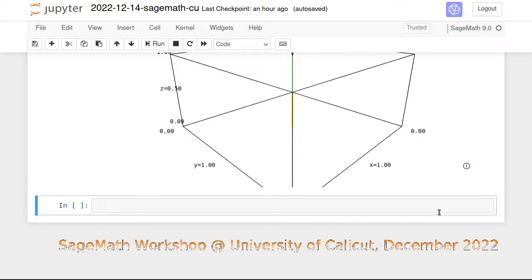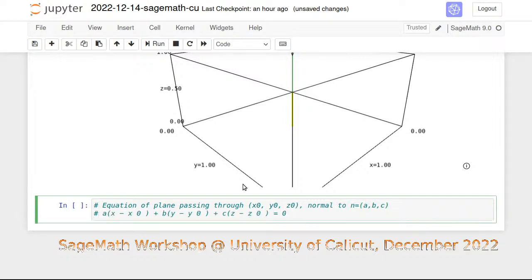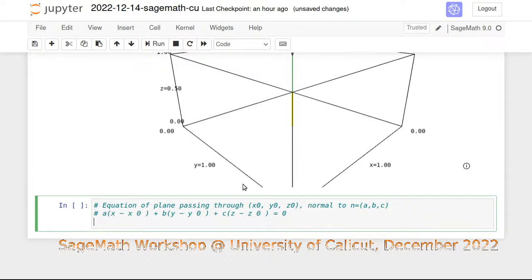If it's passing through point x0, y0, z0, normal to a vector n equal to a, b, c, that is the equation of the plane. The equation is once again from Howard Anton's calculus. Writing down the equation is quite straightforward, but the thing is that we need to plot the graph of the normal as well as the point as well as the plane itself. Okay, let us try to see that.